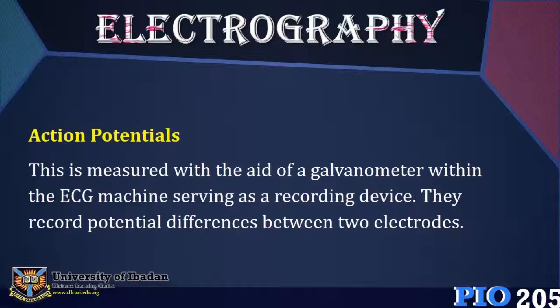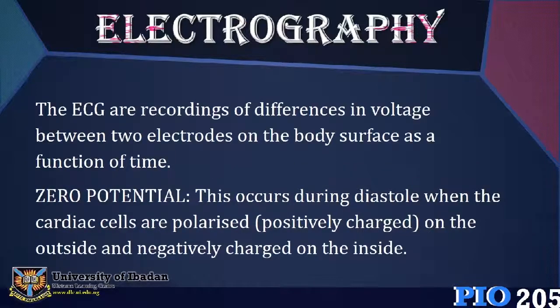Action potentials. These are measured with the aid of a galvanometer within the ECG machine, serving as a recording device. They record potential difference between two electrodes. The ECG are recordings of differences in voltage between the two electrodes on the body surface as a function of time.